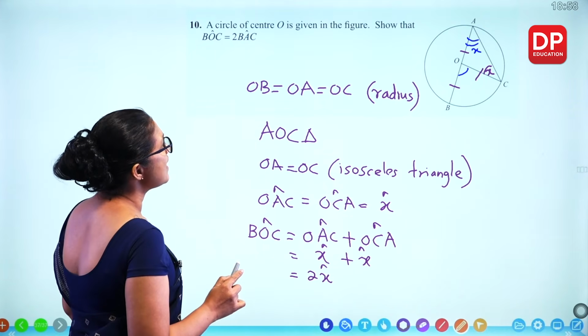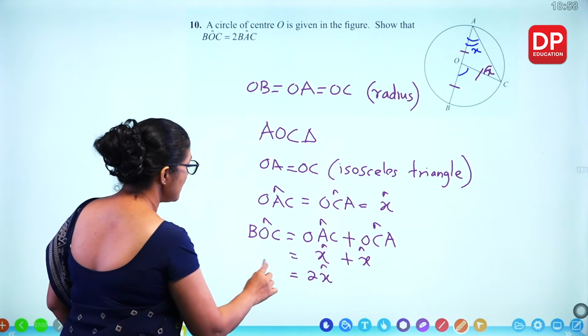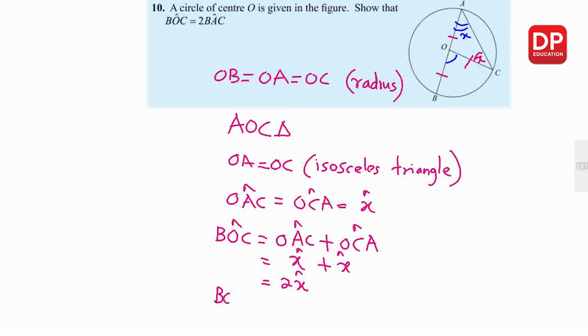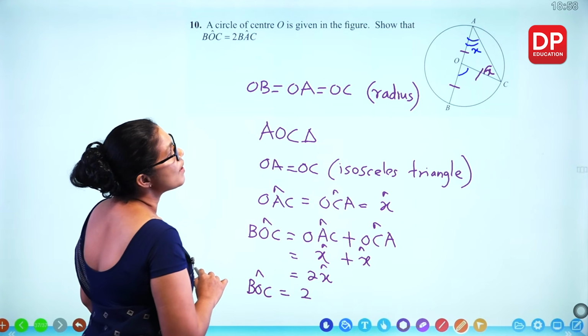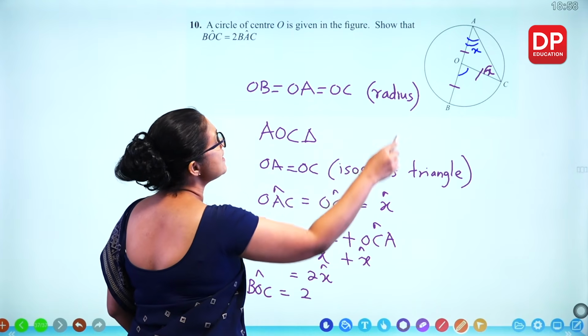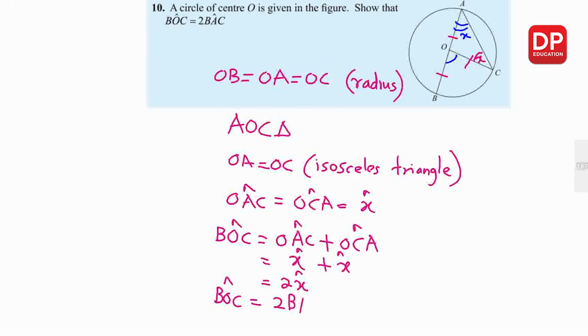What is X there? We took it as OAC angle. So what can you write? BOC angle is twice BAC angle. What is BAC? Same as OAC. So we can write twice of that.